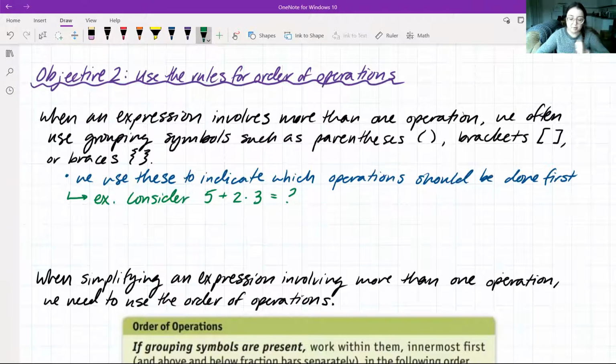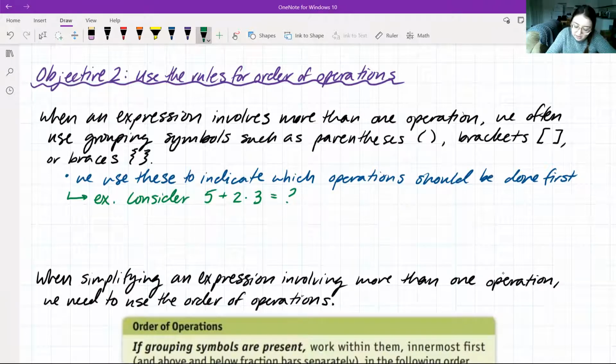So for an example, if we want to consider 5 plus 2 times 3 is equal to what? Since we don't really know our order of operations quite yet, we can't really decide how we're going to solve this value.